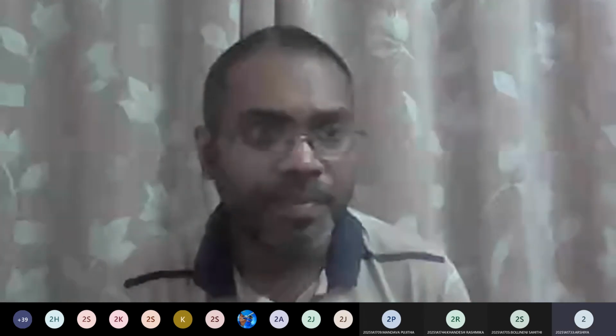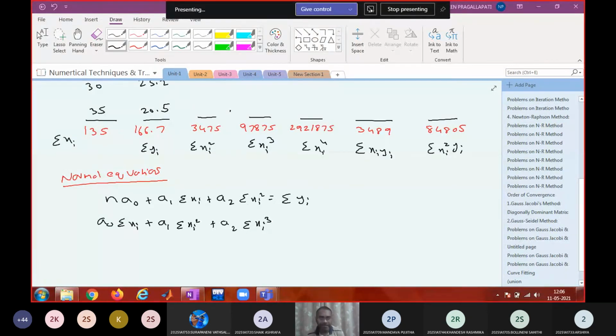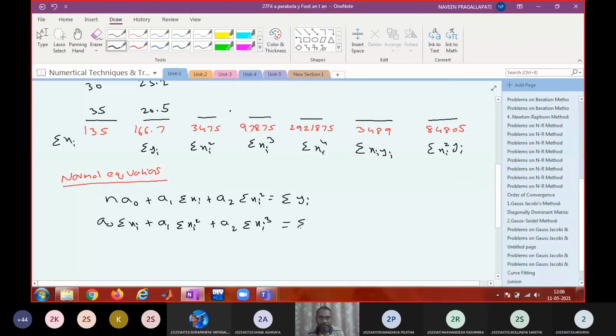So if you take the parabola a0 plus a1 x plus a2 x square, the normal equations are n a0 plus a1 sigma xi plus a2 sigma xi square equals sigma yi; a0 sigma xi plus a1 sigma xi square plus a2 sigma xi cube equals sigma xi yi. Sir, your screen is not shared. Okay. Can you see that? Yes, sir.